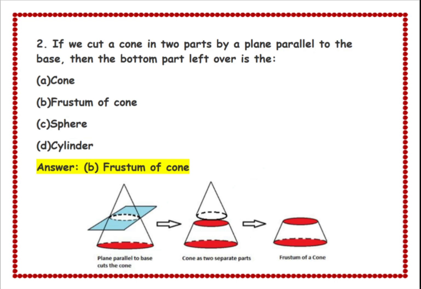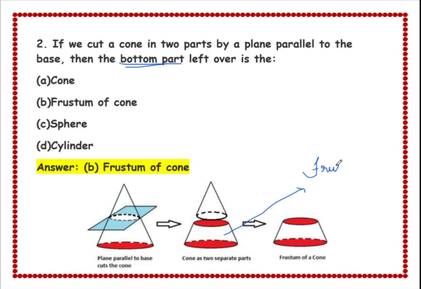A similar question, if you cut a cone into two parts by a plane parallel to the base, then the bottom part left over is the. If we cut a cone by a plane parallel to base, upper part is cone, the lower part is called as frustum of cone.